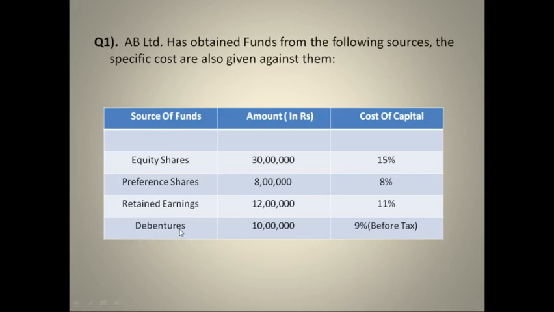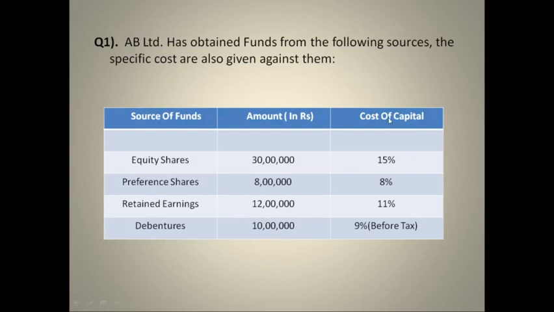The funds AB Limited has raised by issue of equity shares is rupees 30 lakhs, by issuing preference shares is rupees 8 lakhs, and they have kept retained earnings of 12 lakhs, and AB Limited has raised funds by issuing debentures worth rupees 10 lakh.